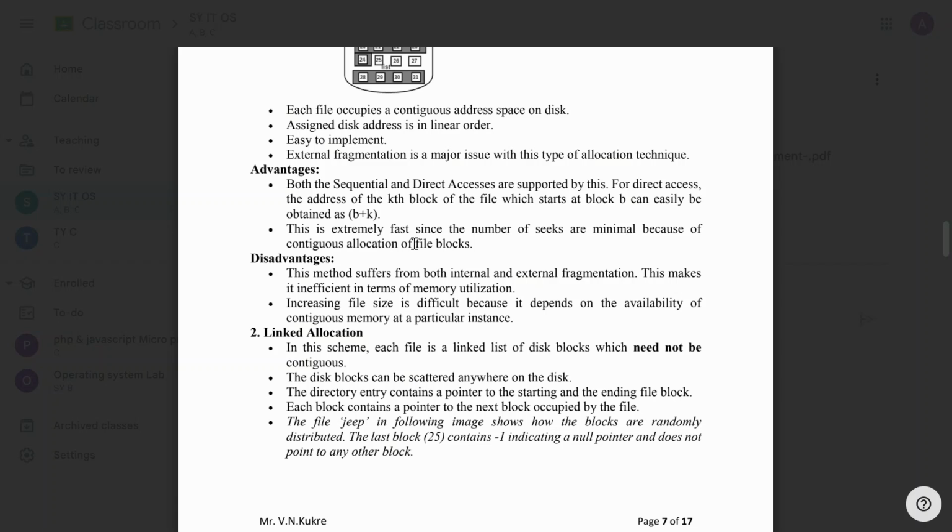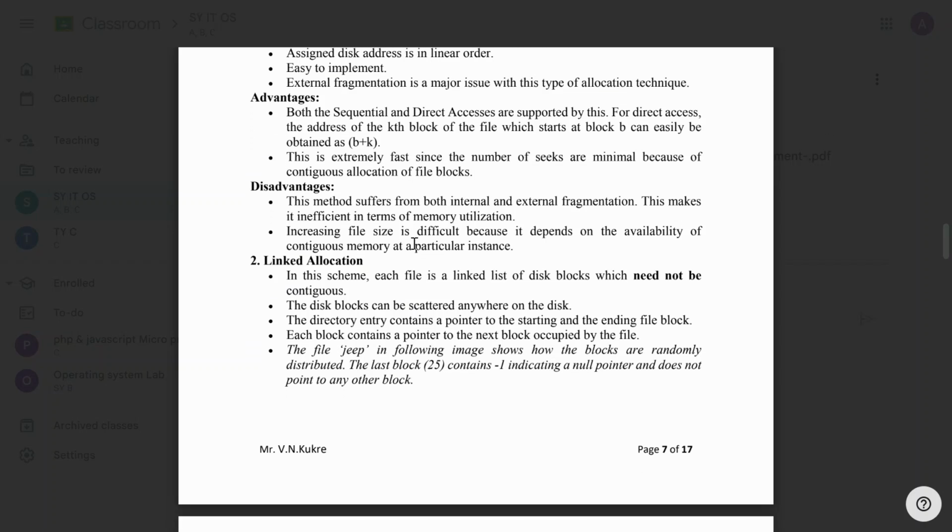For direct access, the address of the kth block of the file which starts at block B can easily be obtained as B plus k. This is extremely fast since the number of seeks is minimal because of contiguous allocation of file blocks.